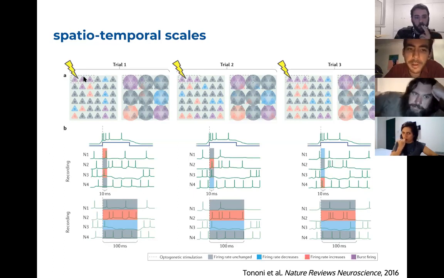One concrete way to see that: consider a network of neurons. You perturb the system and see whether the firing rate of the neurons changes. Maybe it decreases, maybe it increases, maybe it bursts. But on every trial, if you look at the micro level, not all neurons do the same thing.